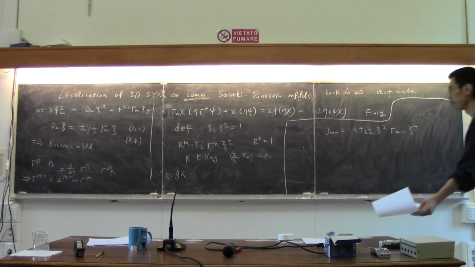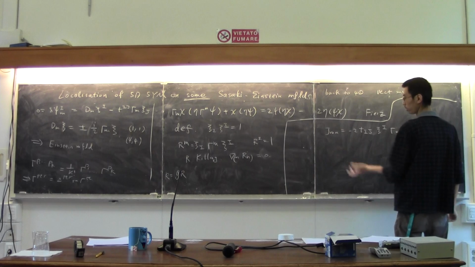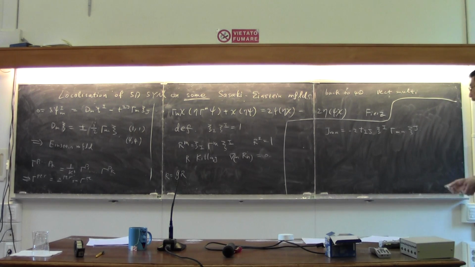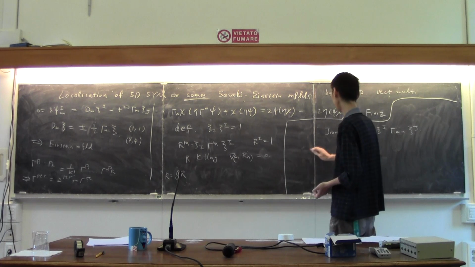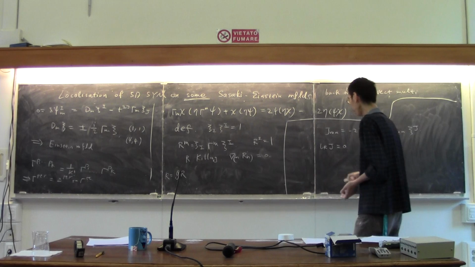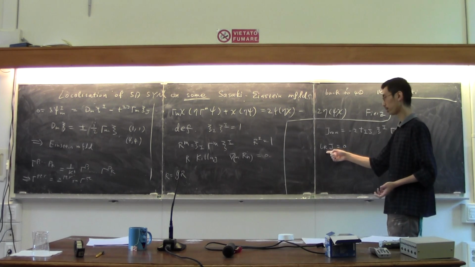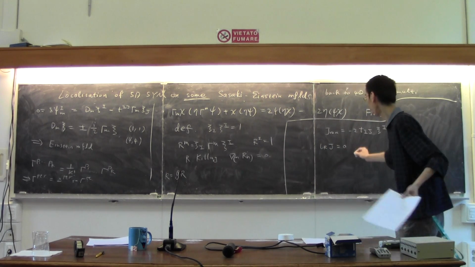So this is an anti-symmetric two-form, and it satisfies the following property, namely, it is horizontal with respect to the Reeb vector field.